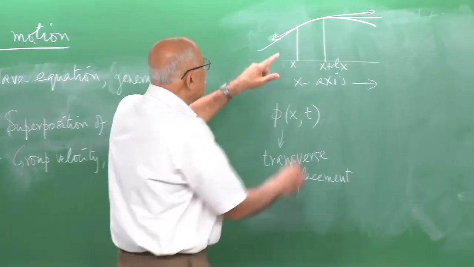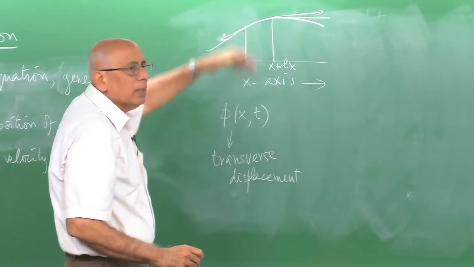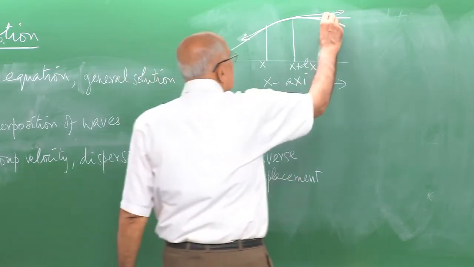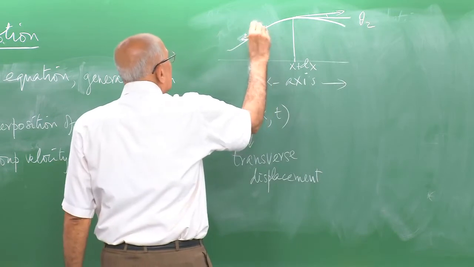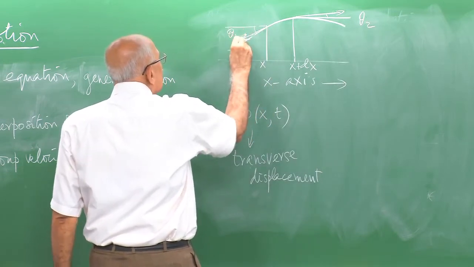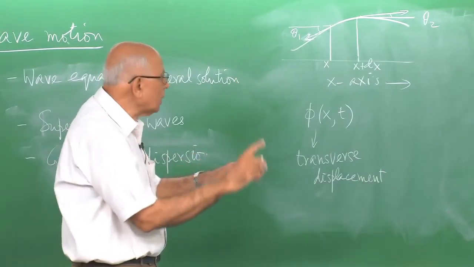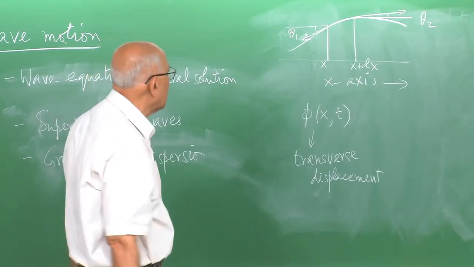Well, looking at this element of the string here, we are concerned with what happens in the vertical, transverse direction. So, if this angle here is theta 2 and this angle is theta 1, then we are concerned with the vertical component of the force, and we equate that to the mass times the acceleration in the transverse direction.